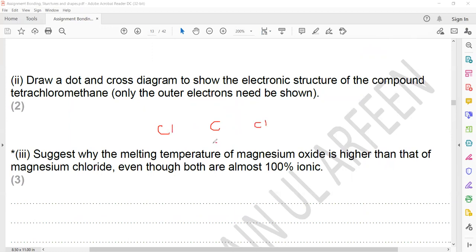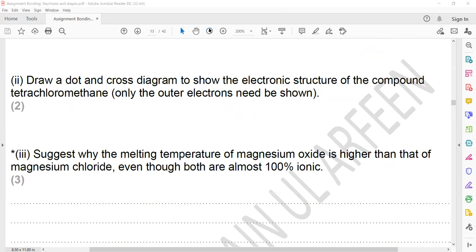It's a dot and cross, so bond angles are not important. If you use crosses to represent carbon's electrons, then dots will represent chlorine's. And then these are the lone pairs. So 3 lone pairs are present on each chlorine.